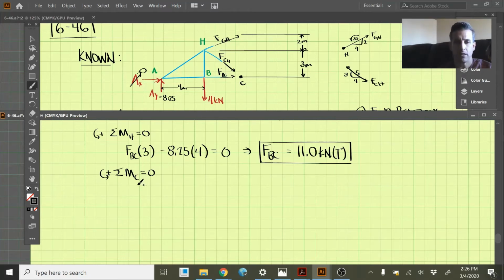Okay, so FGH is going to have a vertical component and a horizontal component, which are both going to create a moment around C here. So we have FGH. Let's do the vertical component first. And we see the vertical here is 2. We have 2 over the hypotenuse, which is square root of 20.